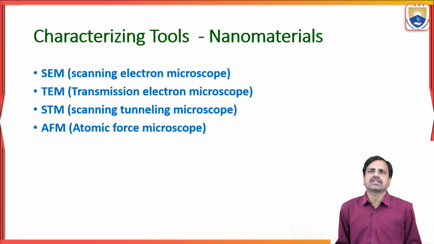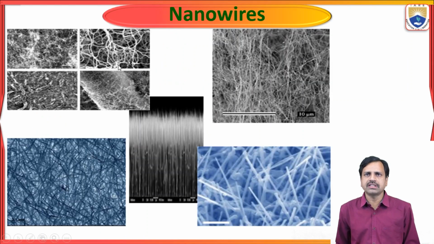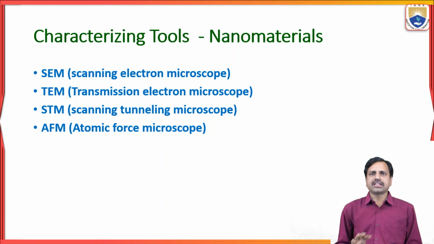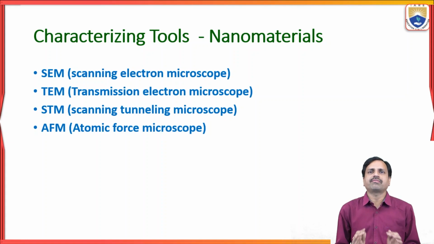Okay, now we'll see some characterization. Generally, nanomaterials are characterized by SEM, scanning electron microscopy. These are images of scanning electron microscopy. And TEM, transmission electron microscopy. What is the difference between TEM and SEM? In scanning electron microscopy, the light is not penetrated into the material. It is like a microscope, but it takes the picture of the material. TEM means transmission electron microscopy.